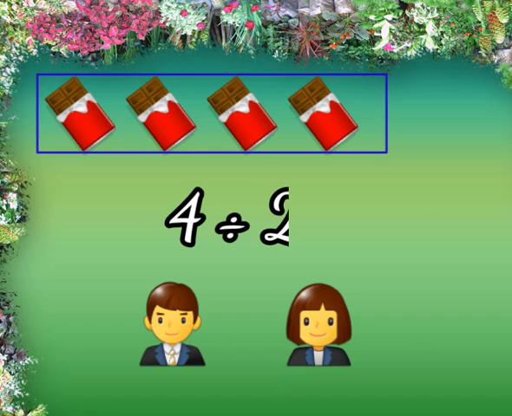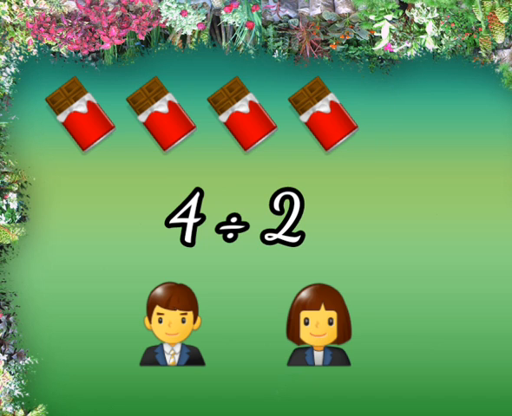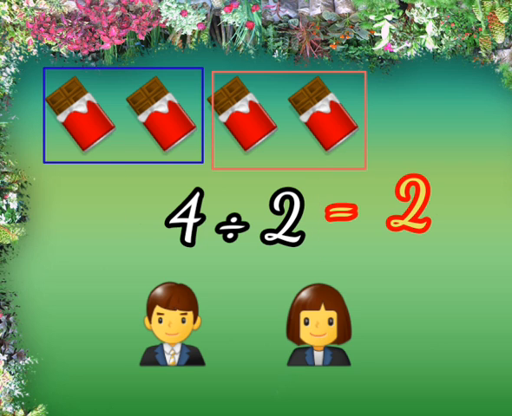So, 4 divided by 2. We know 4 divided by 2 is 2. So, Ramu will get 2 chocolates and his sister will get 2 chocolates. So, these 2 kids get 2 chocolates each. On another day, Ramu's mother bought just 2 apples.